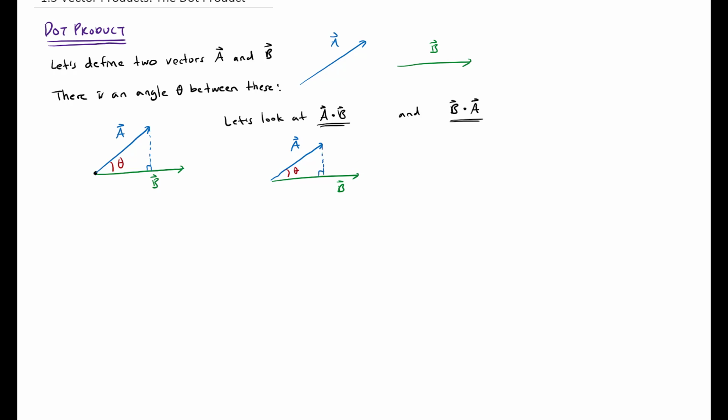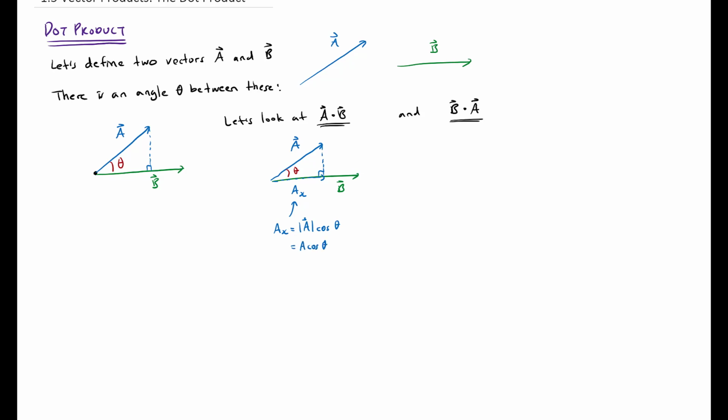So that means we do have a horizontal component of A that's in the same direction as B. How do we calculate this AX? We know that cosine of theta is going to be adjacent over hypotenuse. So that means AX is going to be A cos theta.